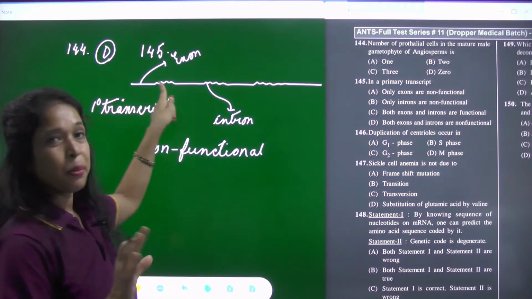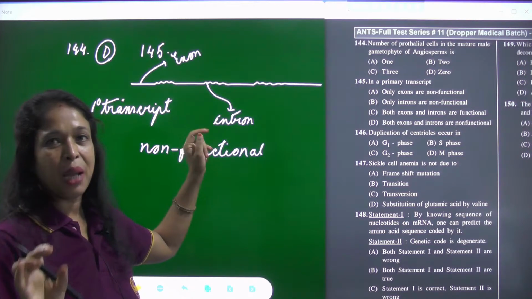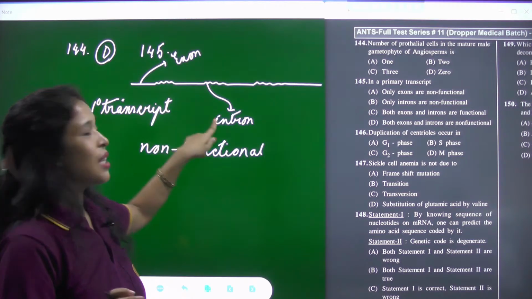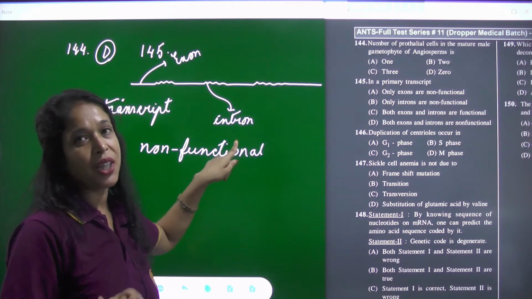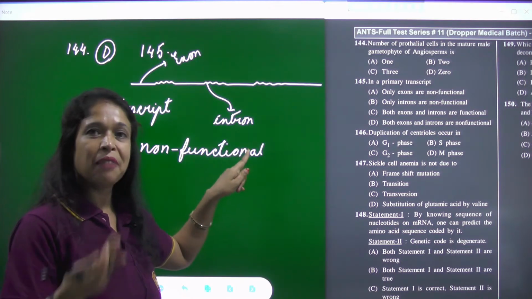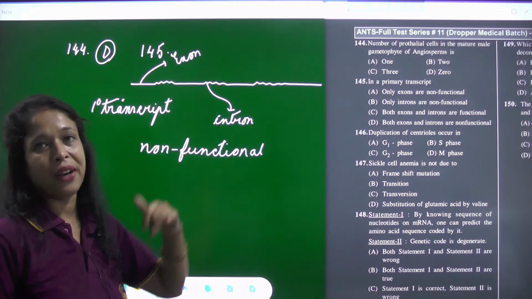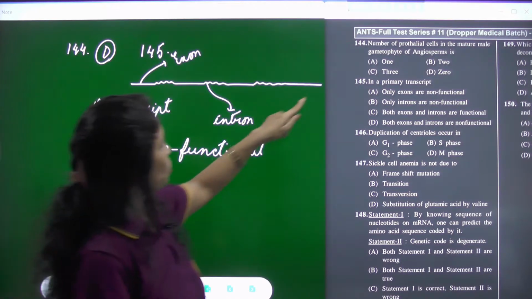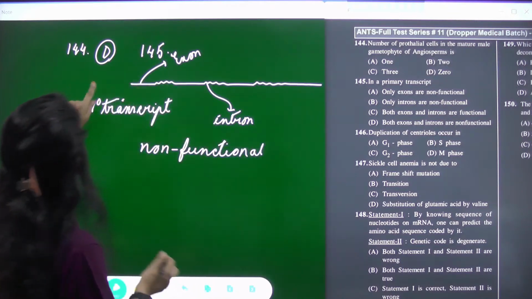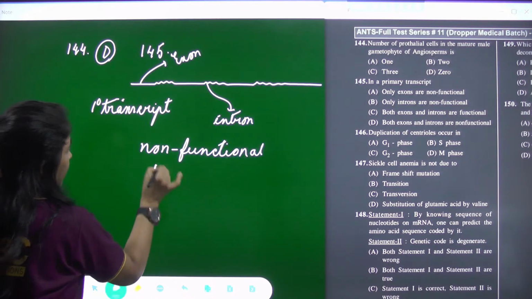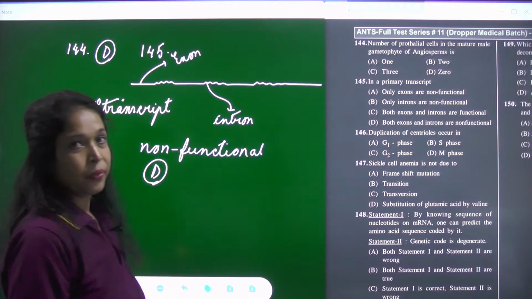So whenever you are given a primary transcript, both exons and introns will be in non-functional condition. And after the splicing process, the exons will be functional. So for 145, as per the question, the answer will be the last option, that is D.